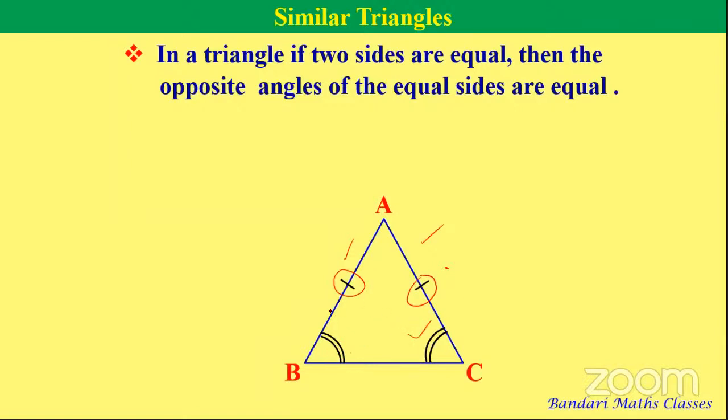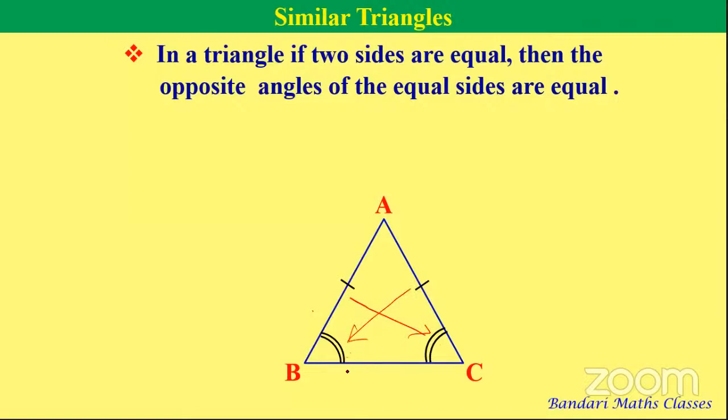This angle is opposite to this side, and this angle is opposite to this side. When two sides are equal, the angles opposite to them are equal. Therefore, these two angles are equal.